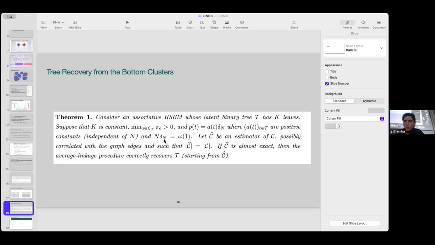Here we have probabilities; A are some constants, and we have this value delta n. This delta n has these properties, which means we put some condition on the probability. So with this condition, we have the sufficient condition. It means that the probability between communities should be a bit more than 1 over n.